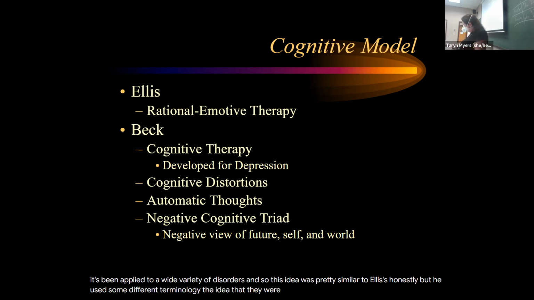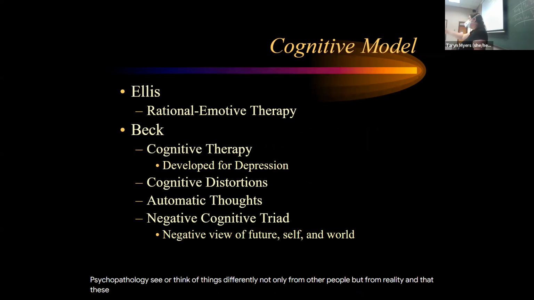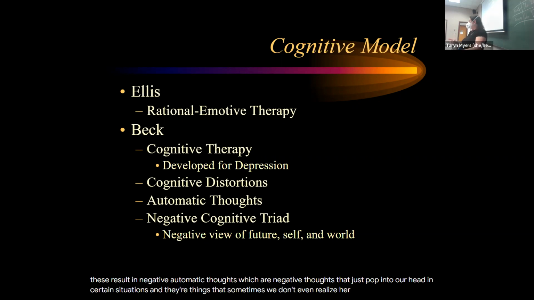The idea that there were these cognitive distortions, that people with psychopathology see or think of things differently, not only from other people, but from reality. And that these result in negative automatic thoughts, which are negative thoughts that just pop into our head in certain situations. They're things that sometimes we don't even realize we're telling ourselves, but they beat us down anyway.